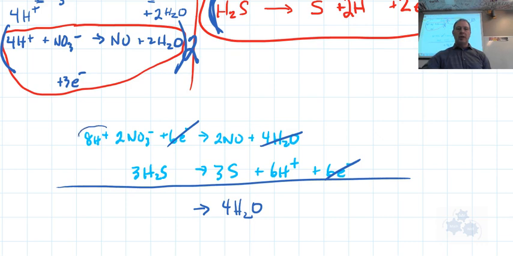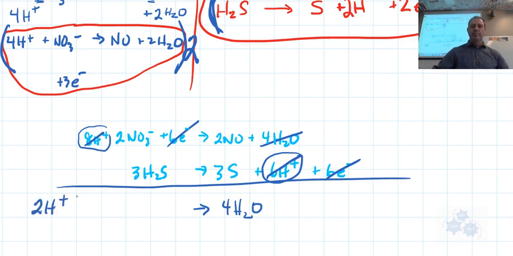The hydrogens. Okay, so we look at the hydrogens. There's some hydrogens on both sides of the arrow, right? So if I cancel off what I can, all 6 of these go with 6 of these, and I'm left with 2 hydrogens here. Okay. Now, is there anything else that's the same? Nope, doesn't look like it.